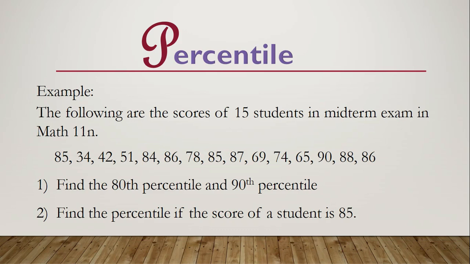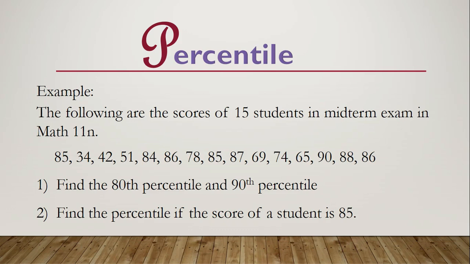Here, we could have the second percentile, the third, the 99th percentile, and so on. But in this case, let us have the 80th percentile and the 90th percentile. And for number 2, we find the percentile if the score of a student is 85. So what position is his score? Okay, let us have number 1.